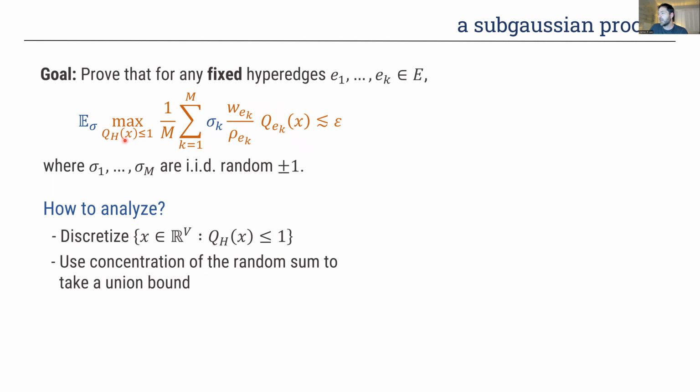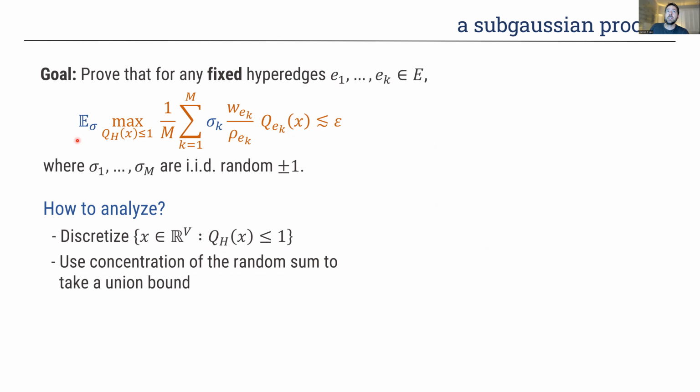The terms depend on x, that's why things are complicated. But this sum will tend to be well controlled, will tend to be concentrated, if the contribution from any term is not too big. And in fact, this informs how one should choose these sampling weights so that Q_e(x) over rho_e tends to be bounded for most of the edges.